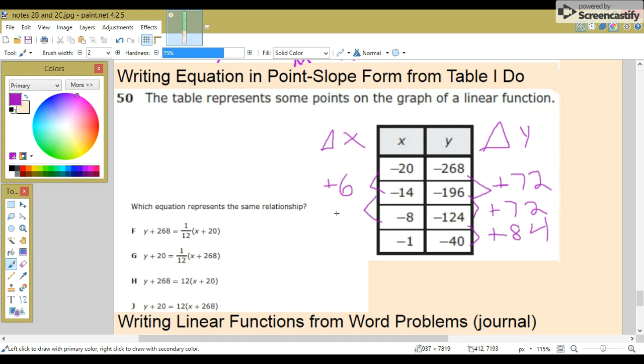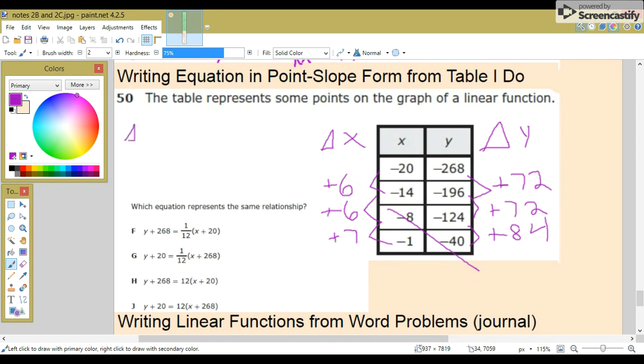From negative 14 to negative 8, we also add 6. And from negative 8 to negative 1, we add 7. If it says that it represents a linear function, you only have to look at the first 2 points. We don't even have to look at those two.